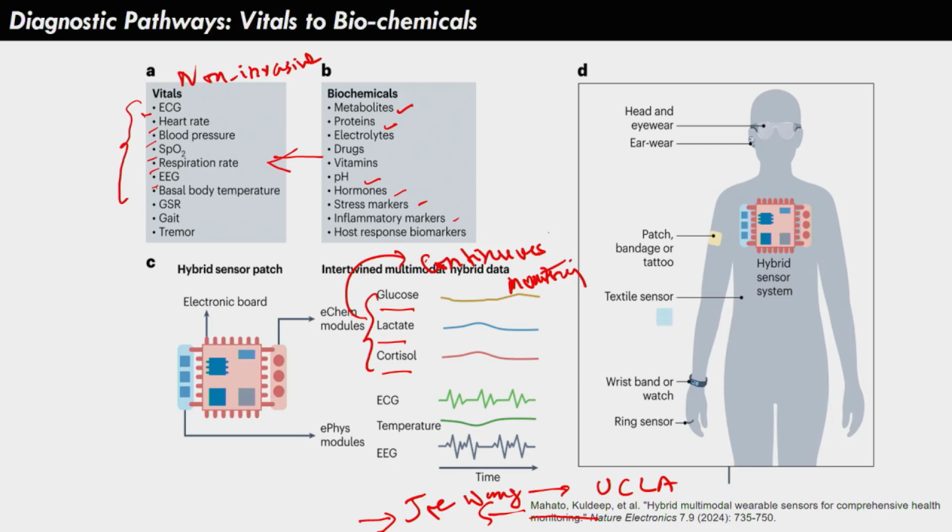There are many biochemicals which do not require continuous monitoring. A spot test is enough. But there are certain markers for which continuous monitoring is required. If continuous monitoring is required, then we have some justification to develop a wearable device. If it's just for a spot point of care device, then we don't have to think about continuous monitoring.